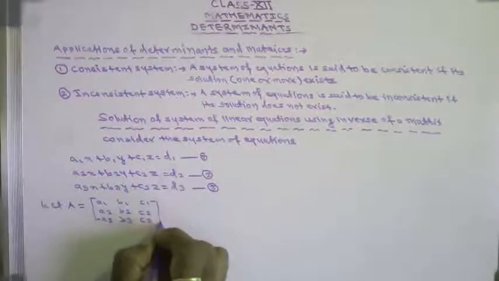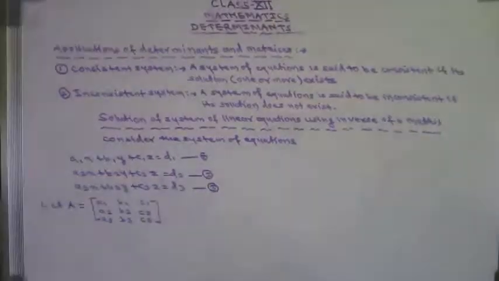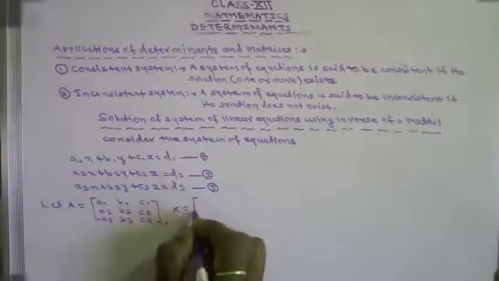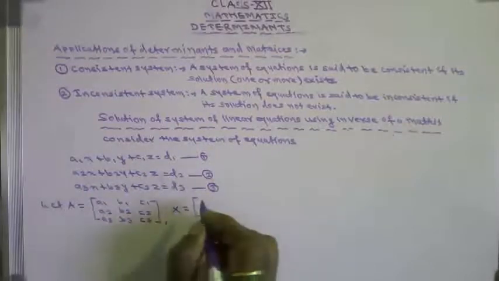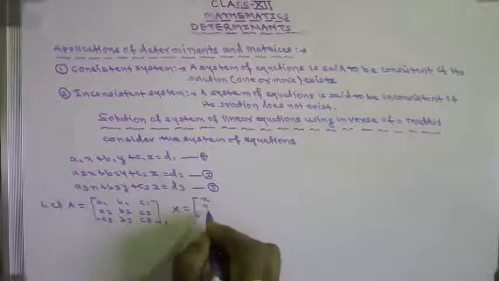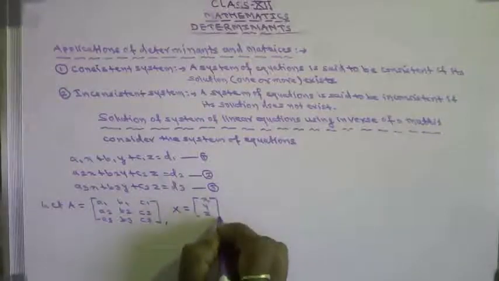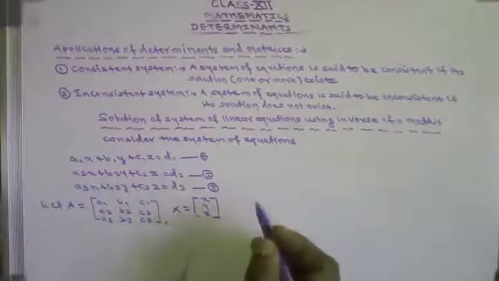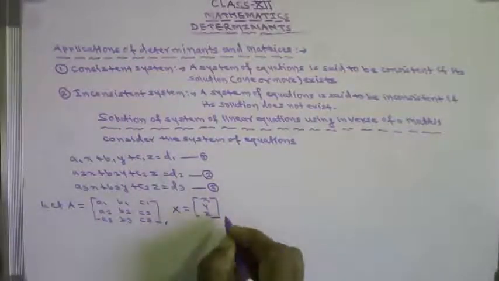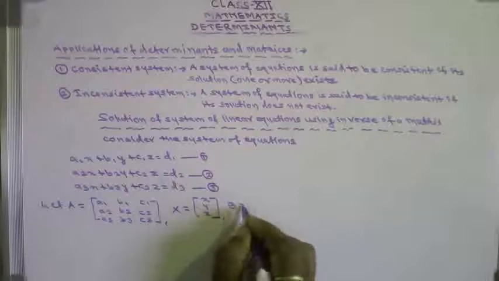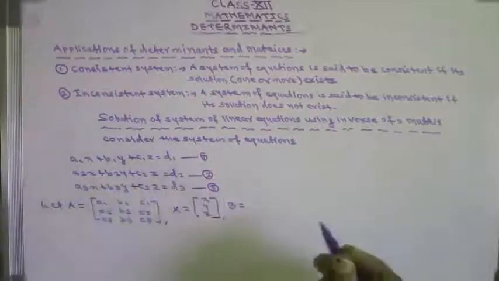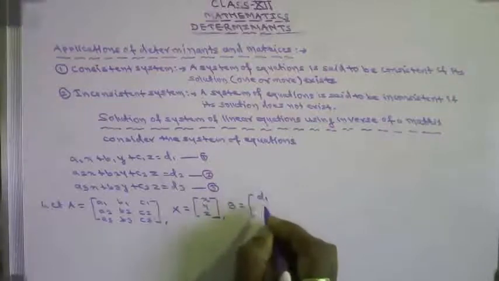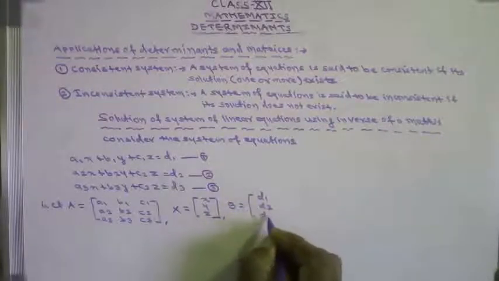So let us denote the coefficient matrix by A. Capital X, I am considering this matrix, that is the variables x, y, z as a column. So let this matrix be denoted by capital X, and B means the right hand side's constant values. B equals again a column matrix d1, d2 and d3.